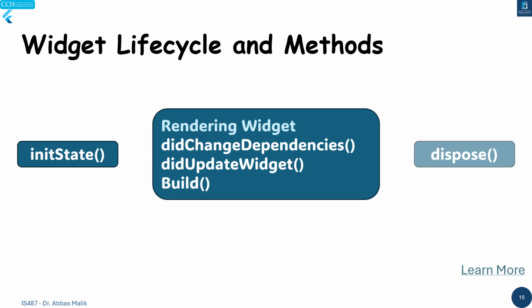Okay. And once we are no longer using that widget, we don't need it, then we can call the dispose method. For example, if we are connecting with a cloud database, in dispose we can close that connection.